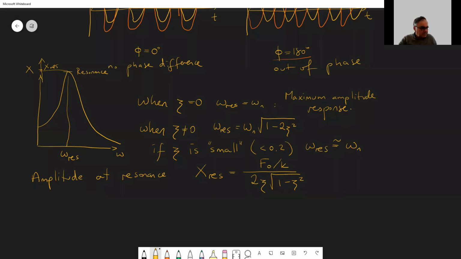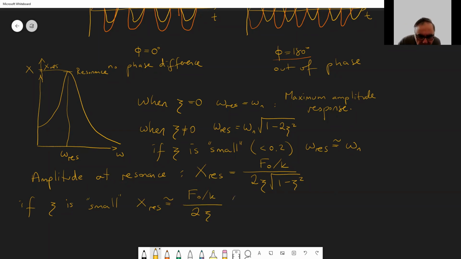Now, again, when zeta is small, in quotes, X resonant can be approximated by F0 over K divided by 2 zeta, which I have derived about.